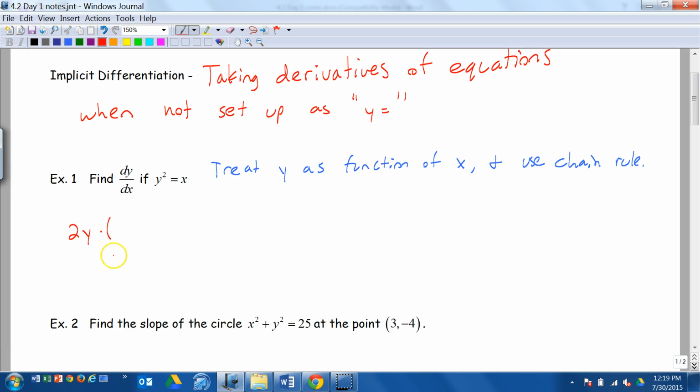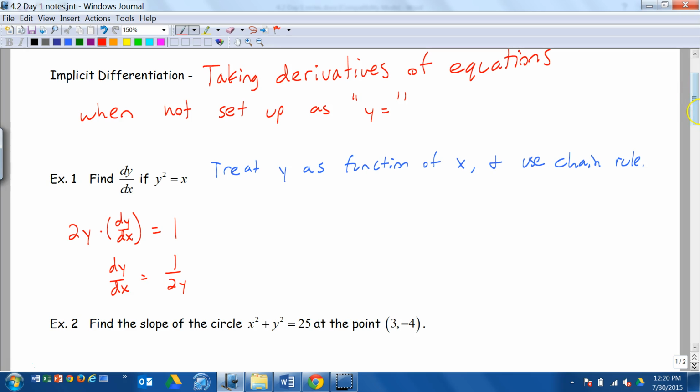The derivative of y is dy/dx. So I did the power rule and then took the derivative of the inside, and that's equal to 1, because the derivative of x with respect to itself is 1. So to solve for dy/dx, you just divide by 2y, and you get 1 over 2y, where y cannot be 0, clearly.